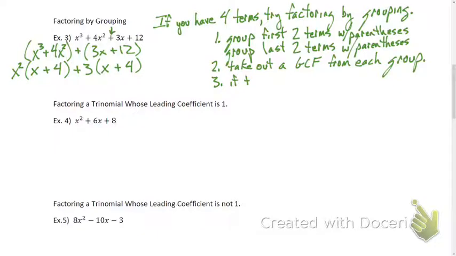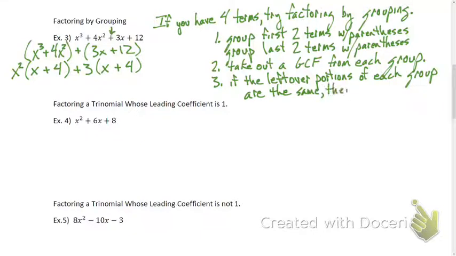All right, this is a sign that it worked. If the leftover portions of each group are the same, then that is the GCF. Factor it out.